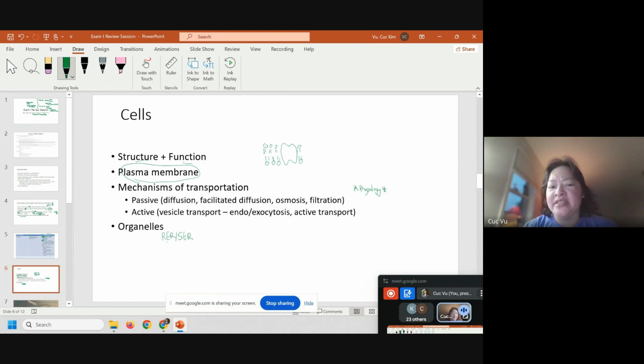The other common mistake, not mistake, but something that a lot of the class left out, was the membrane. You also need to make sure you know what membrane the endoplasmic reticulum, the Golgi, and the mitochondria consist of. So what membrane makes up the endoplasmic reticulum, whether it's rough or smooth?